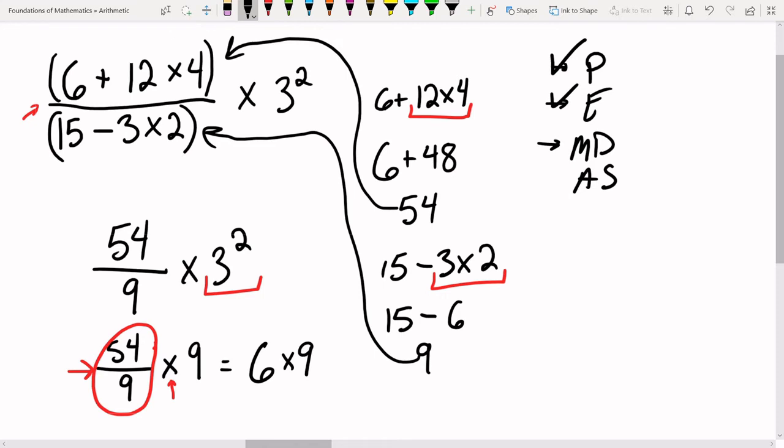And then 6 times 9, that's actually just back to where we went, 54. So following this path, we should always get 54 as we follow correct order of operations.